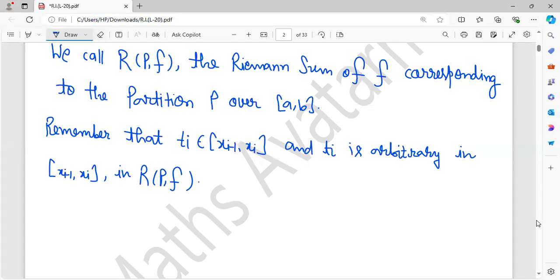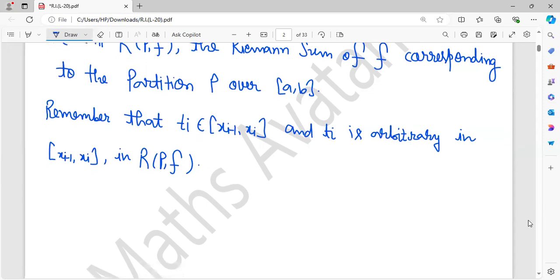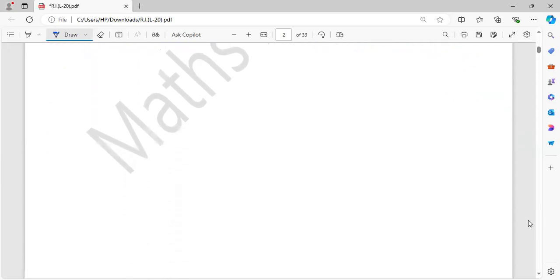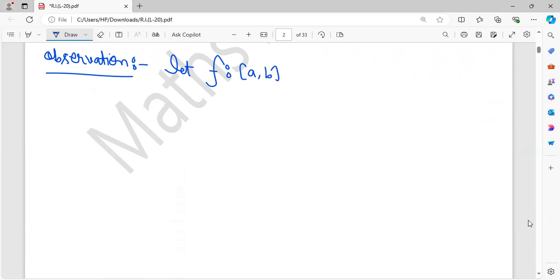Now note this observation. Let f: [a, b] → R be a bounded function.